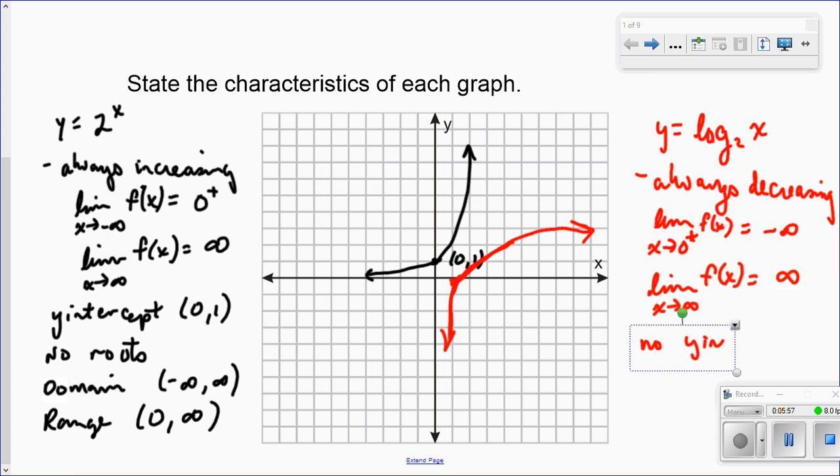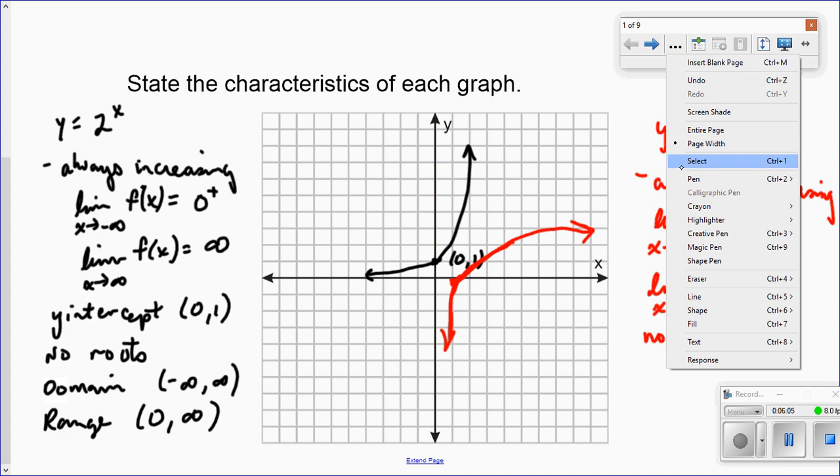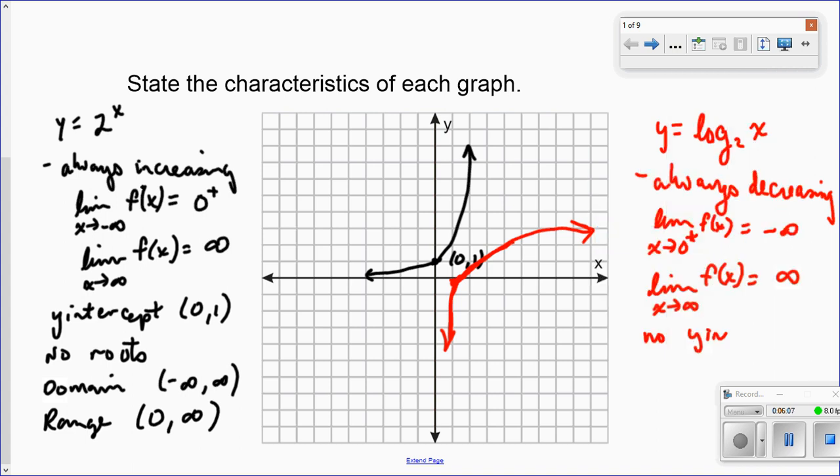My function does not cross the y-axis. I have a root at 1 and 0.